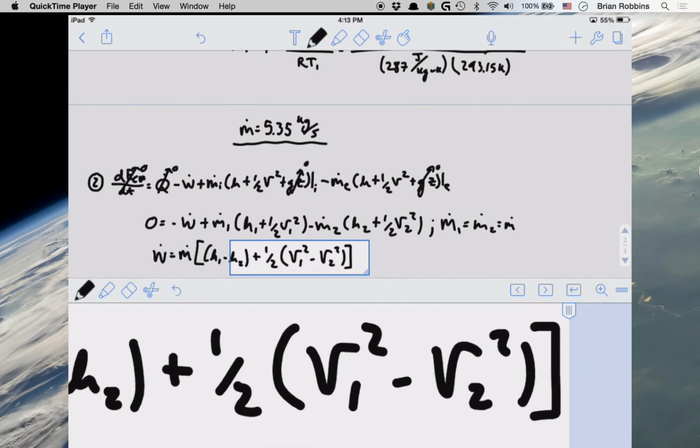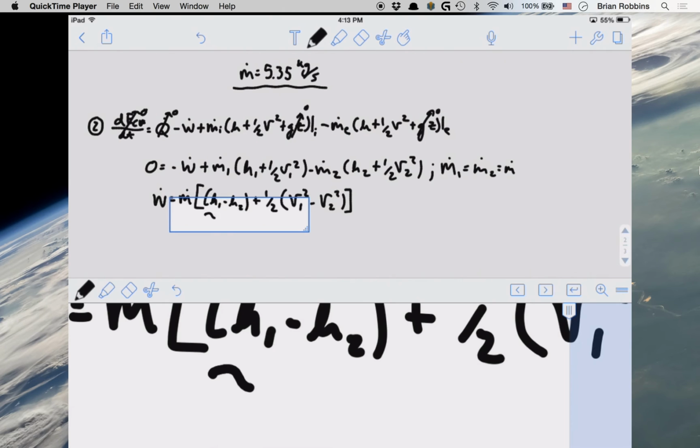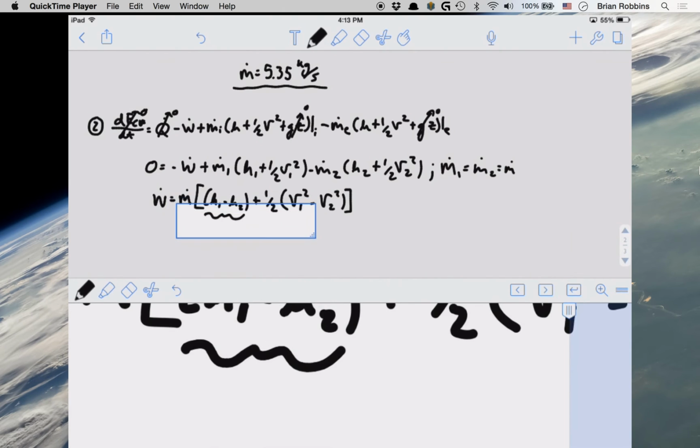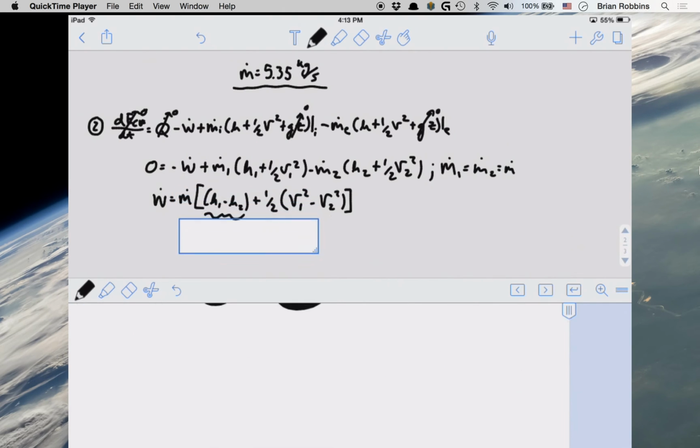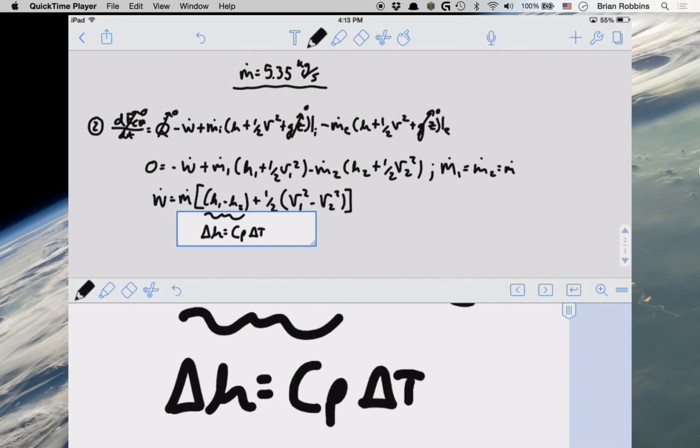Okay, so now the change in specific enthalpy. Recall from lecture that for an ideal gas, we can find the change in specific enthalpy by means of delta h is equal to our specific heat at constant pressure times the change in temperature.